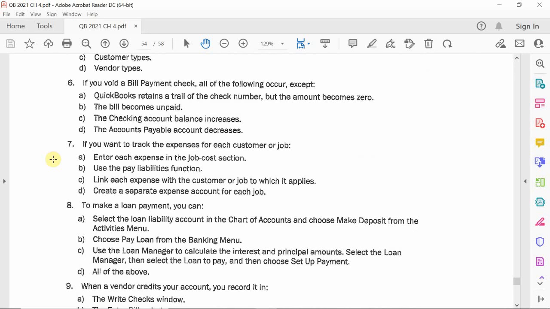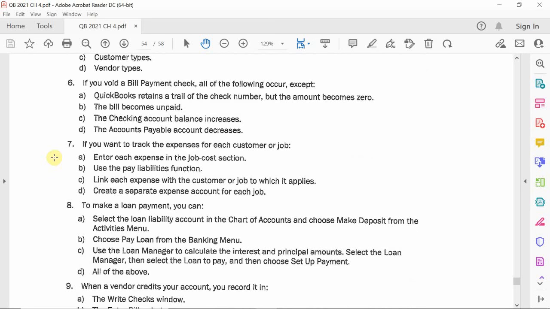So letter C would be the answer because on the form you have customer/job, you have the class tracking, and I think those are the two. This is for customer jobs, not class. Because class is when you have either a store location or some kind of way to separate your expense. This one is when you're assigning it to people, to customers.